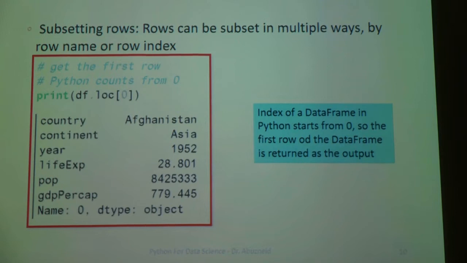Although in our example, in the data frame that we are using, the index is similar to the row number. I know it's not clear, let me explain it.